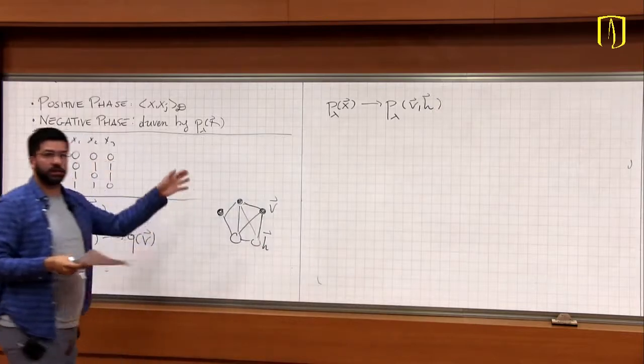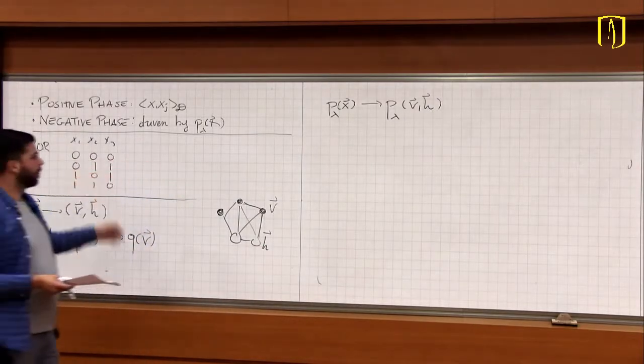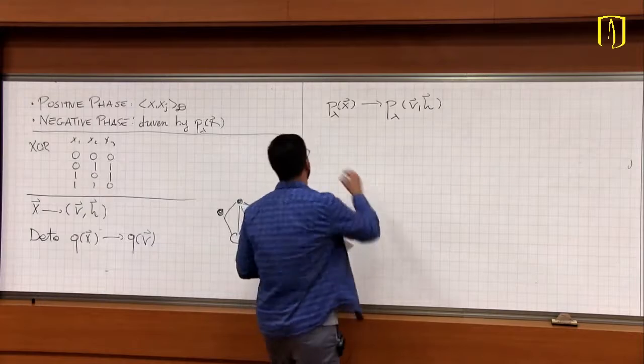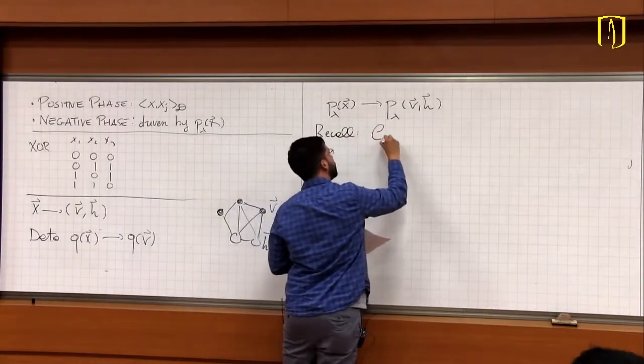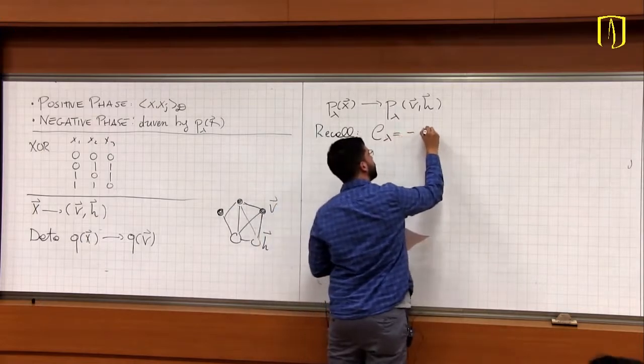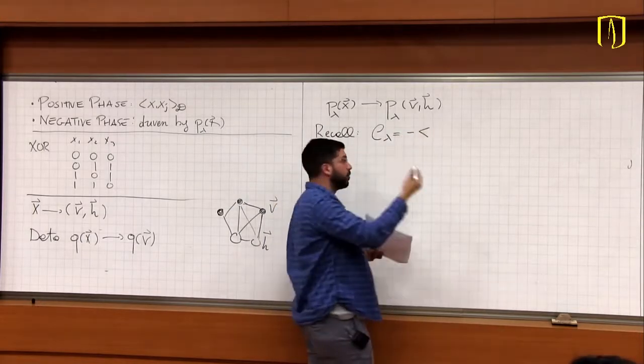So this is the joint distribution that we were looking at yesterday. But recall that in our cost function, this is minus the average of our log probability.